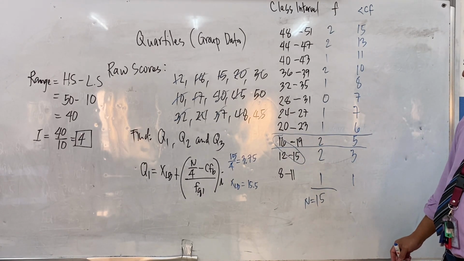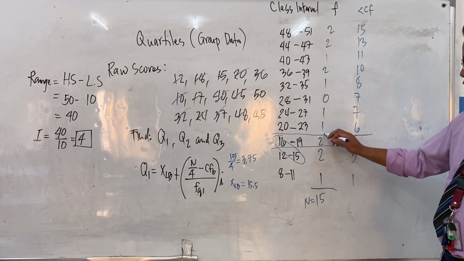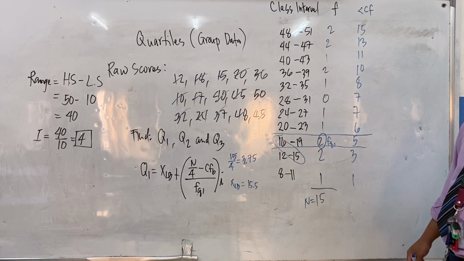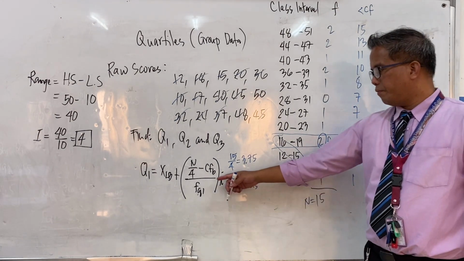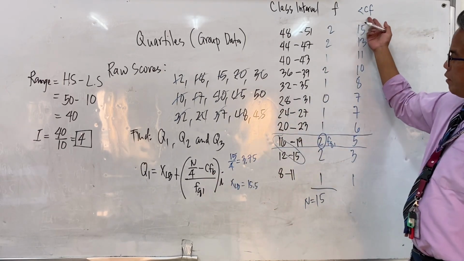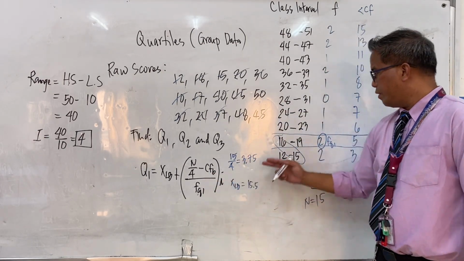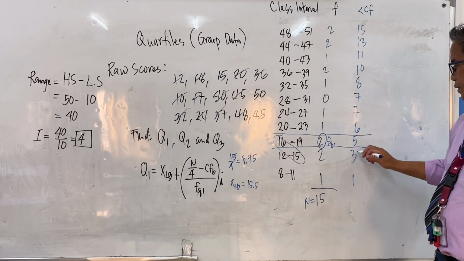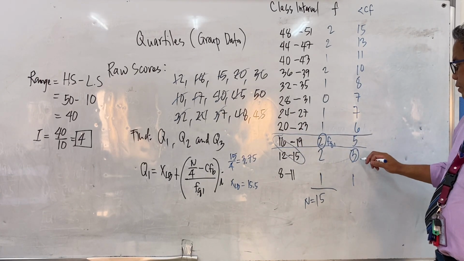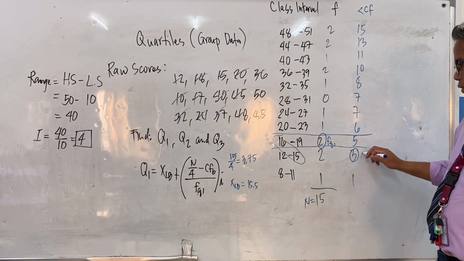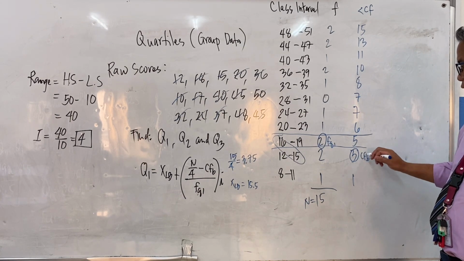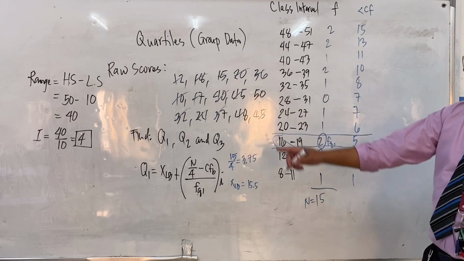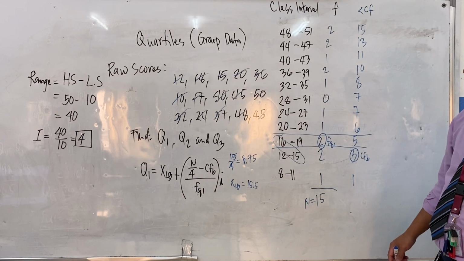Then this is your frequency, FQ1. Then your CF, cumulative frequency, the cumulative frequency before the class of Q1 is 3. So this will be your CFB. The interval is equals to 4. Now we can solve, everything is given.